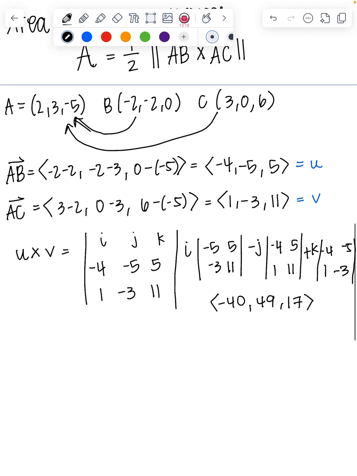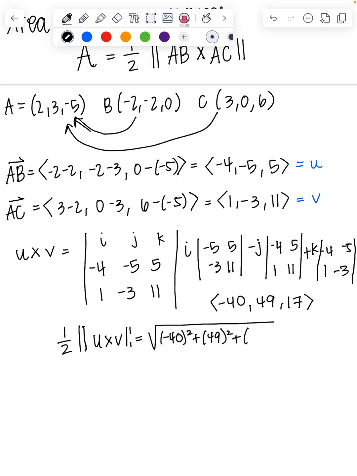Remember, what I still have to do is I have to go 1/2 times the magnitude of the cross product here. Okay, so let's find that magnitude. I have -40 squared plus 49 squared plus 17 squared.